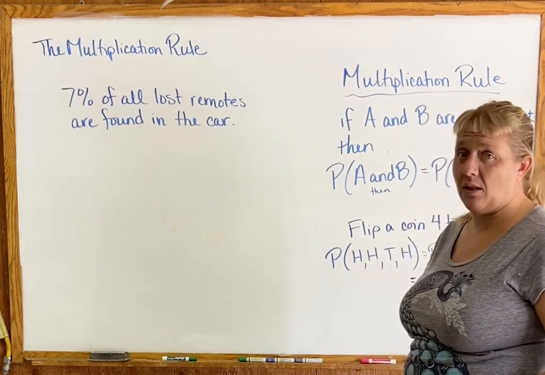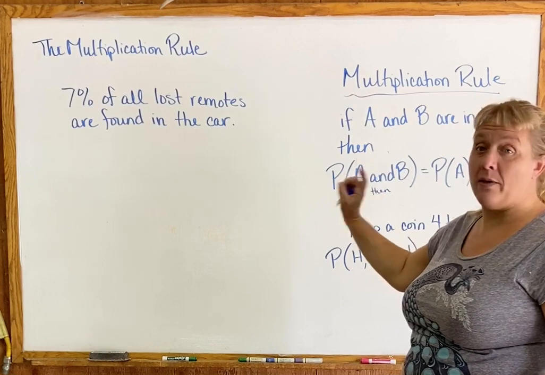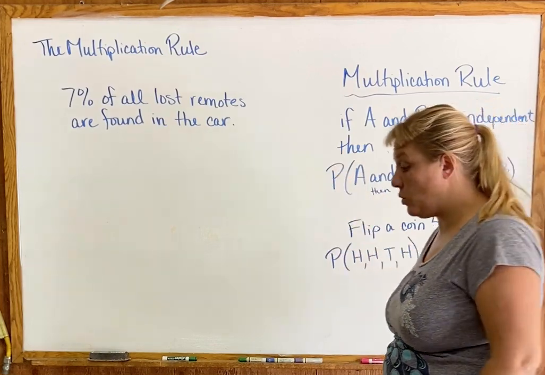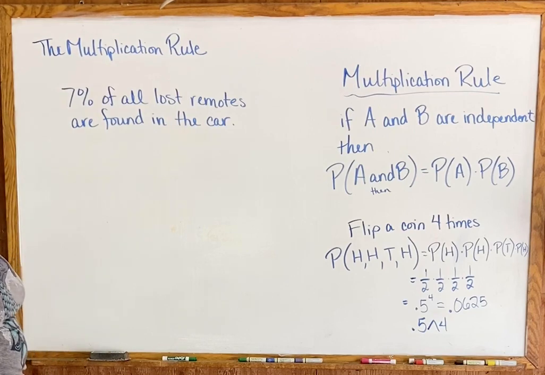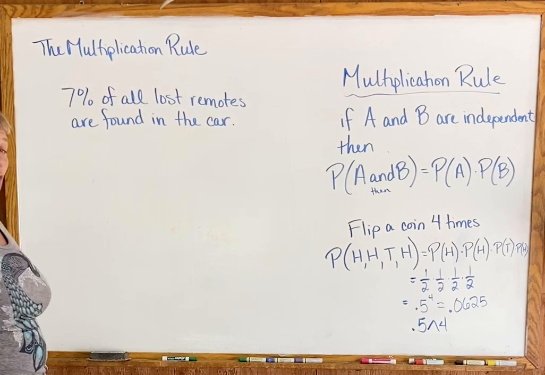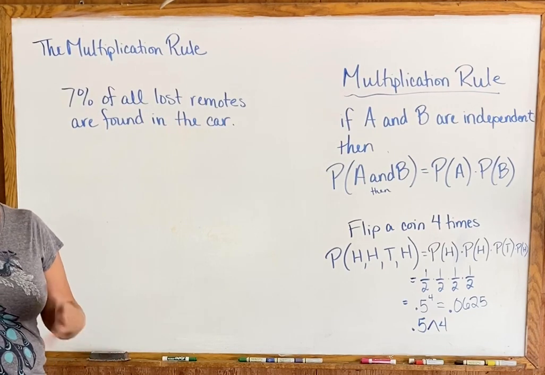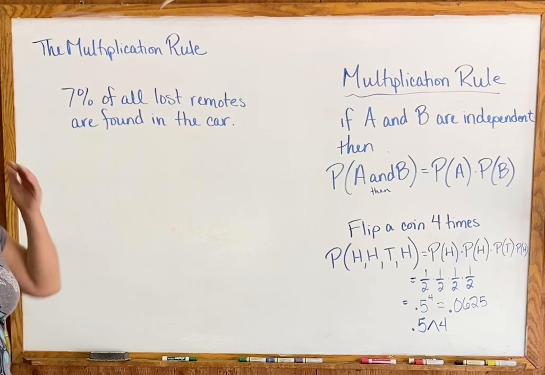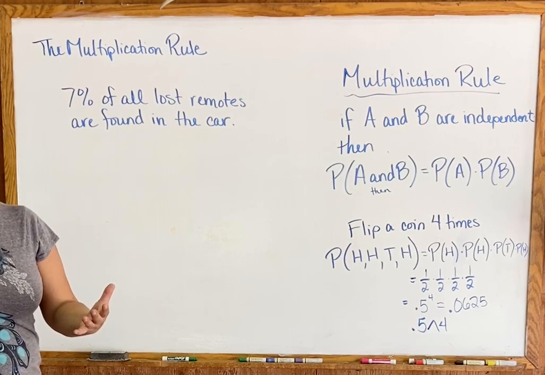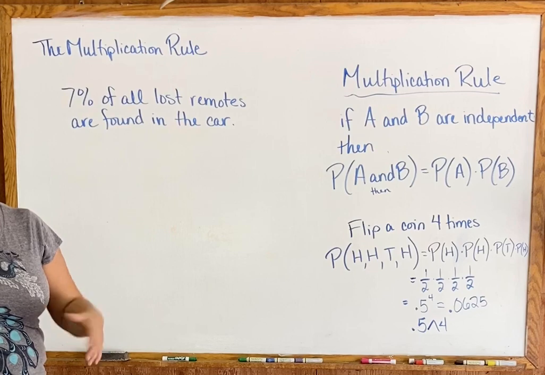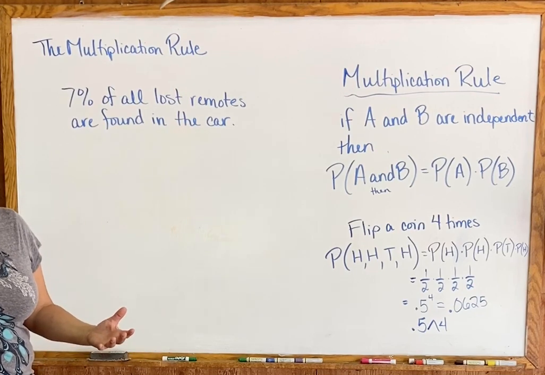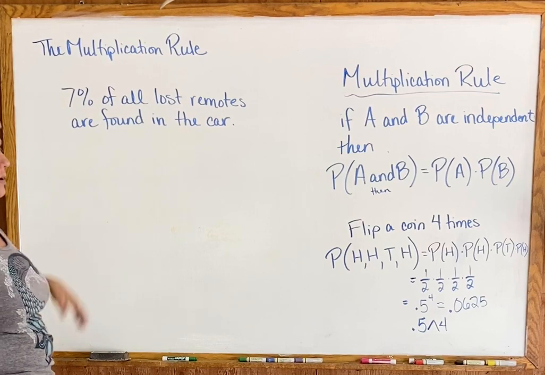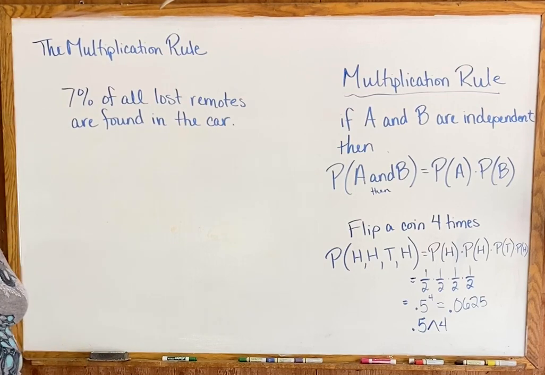A lot of them you can tell are totally made up. This one though is real, okay? This is an actual statistic. So apparently 70% of all lost remotes are found in the car. That's the only information that you're given. So what's the probability that someone loses their remote in the car? 70%. It's the only information we have, so that's what we go with. So that's what makes this the empirical type of probability.